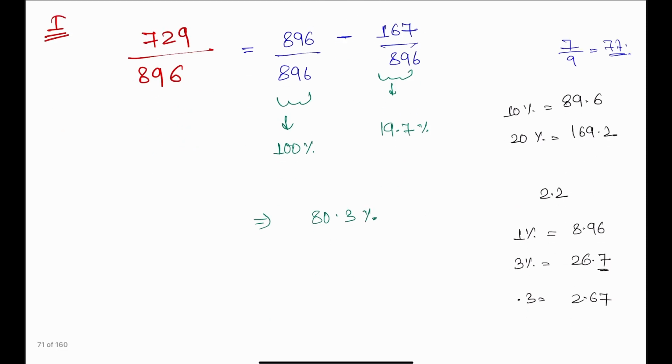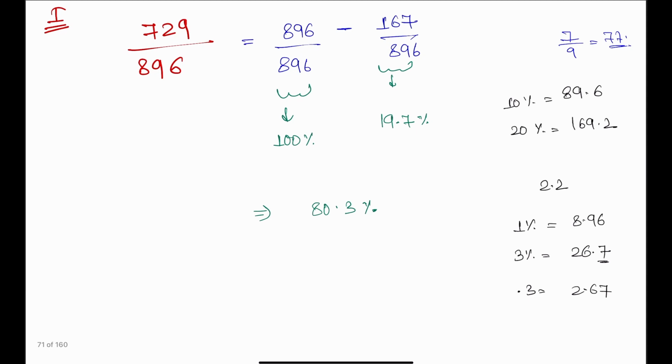We need 81.36. 729, 896, correct? So 896 minus 167 is 729, the calculation is correct.